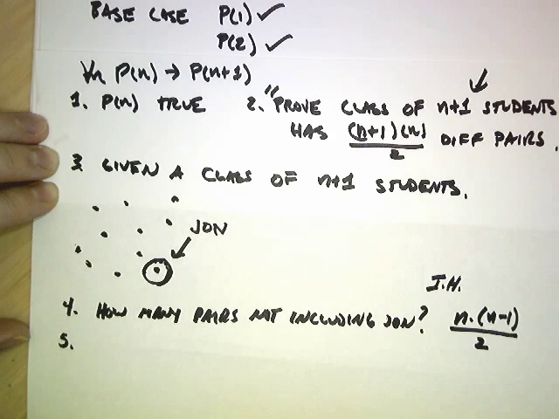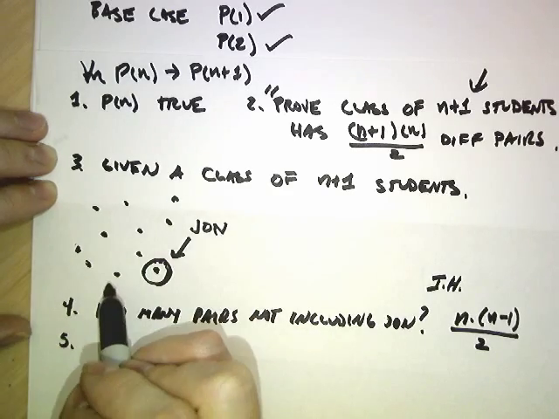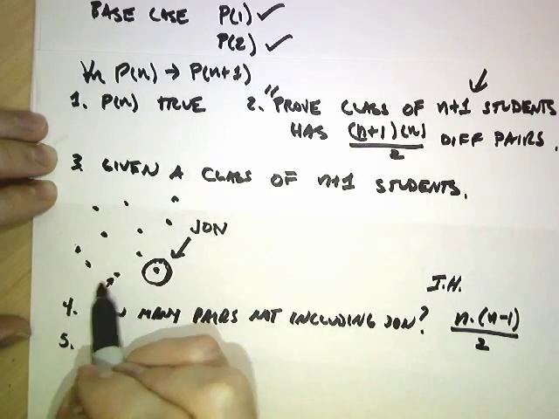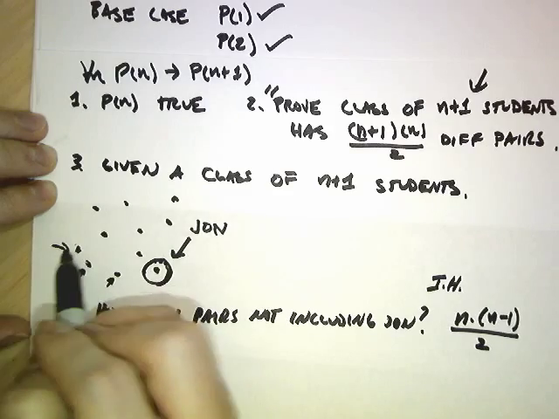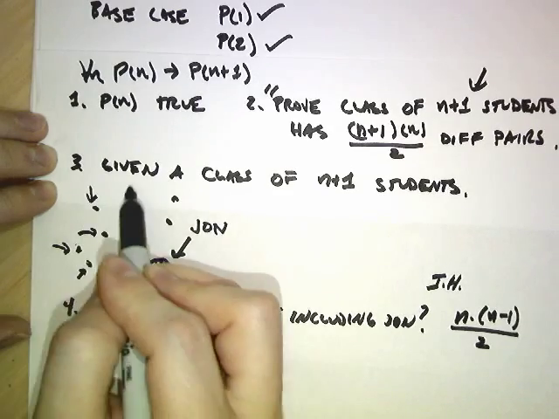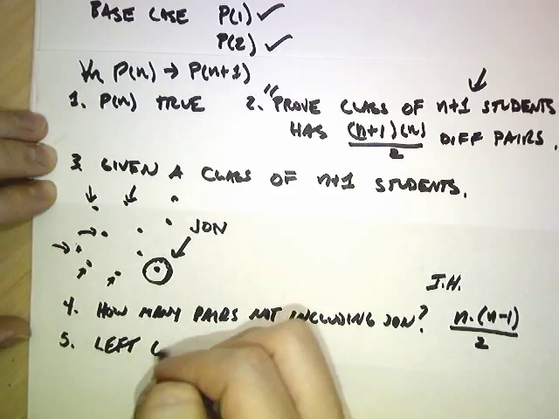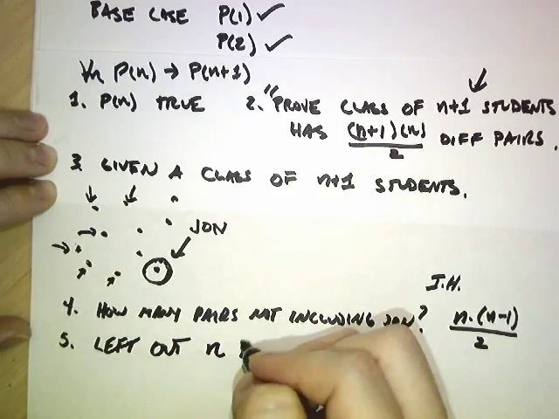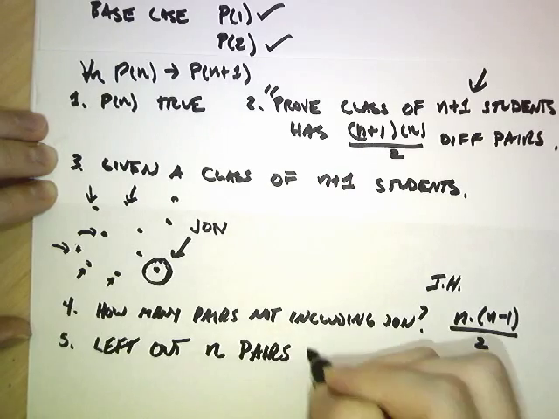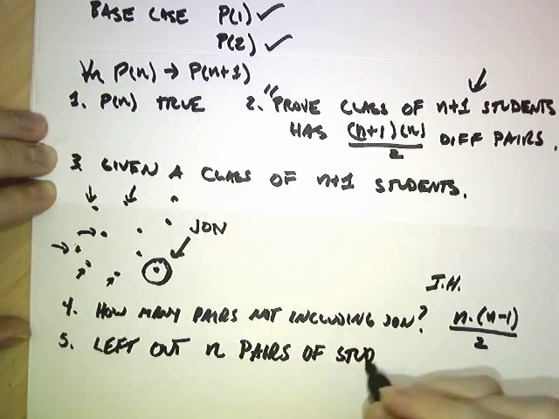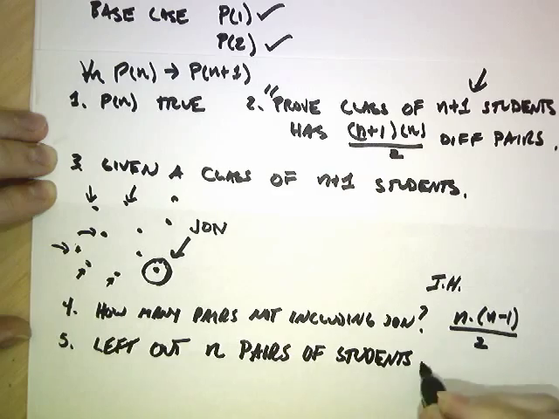Okay, how many pairs of students did we leave out by not counting John? Well, John could have paired up with this student, or this student, or this student, or this student. We left out n pairs of students. Right?